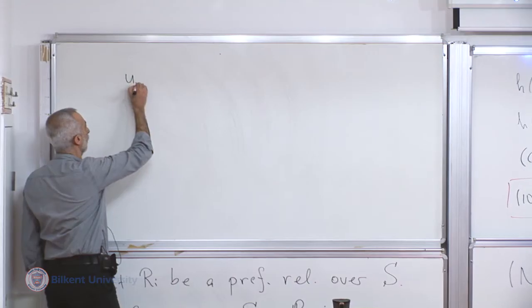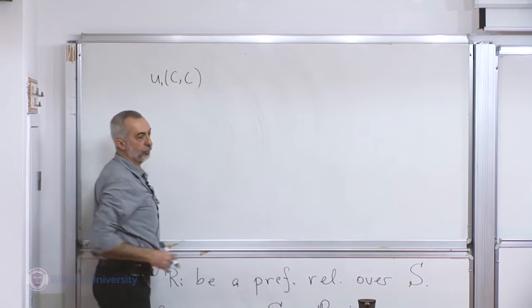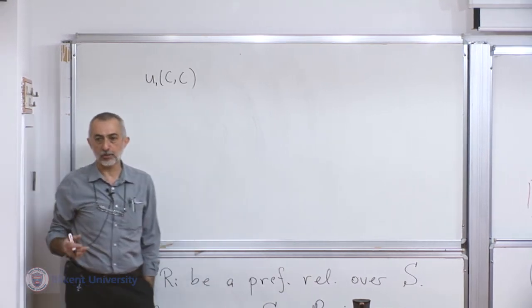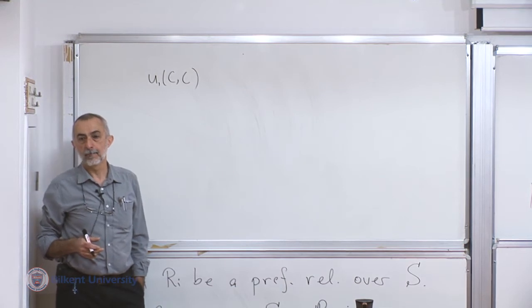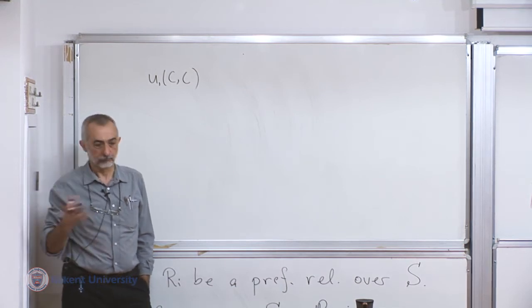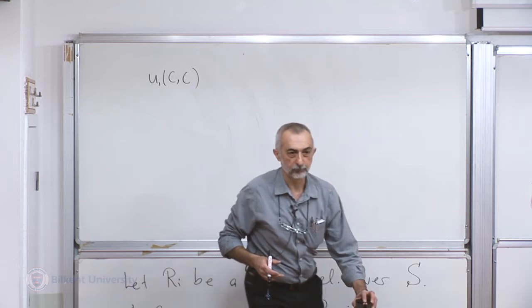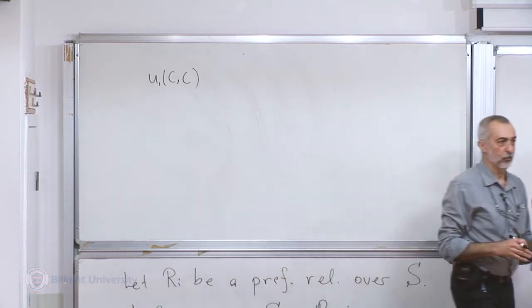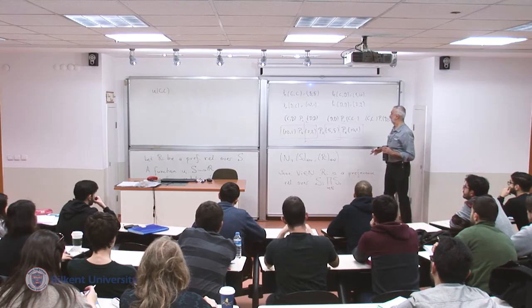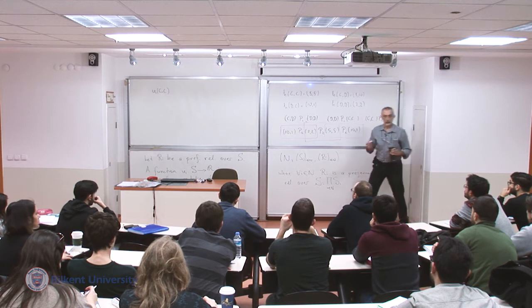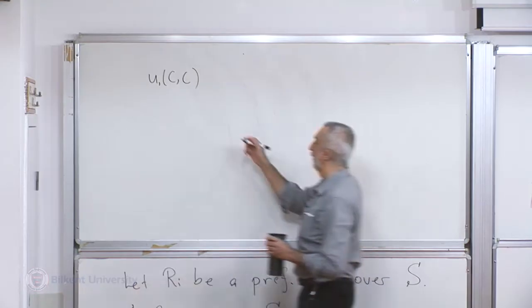So there are 4 strategy profiles, so we should assign a number to each of them. What do you assign to CC? Minus 5. Okay.